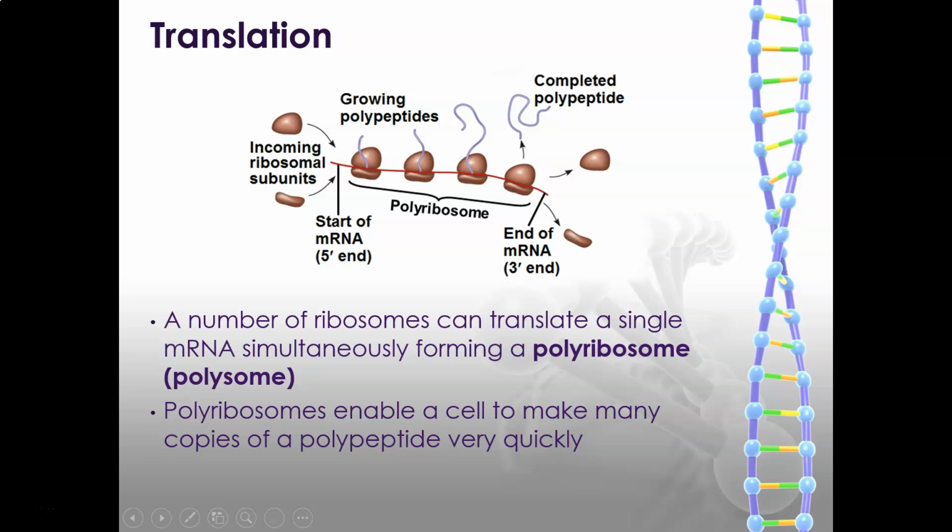So you get these polyribosomes or polysomes, and this is going to once again allow cells to increase the product that they're producing without needing to waste additional time and material making copious amounts of messenger RNAs. We can also add multiple ribosomes and make multiple copies of the protein from the same messenger RNA molecule.